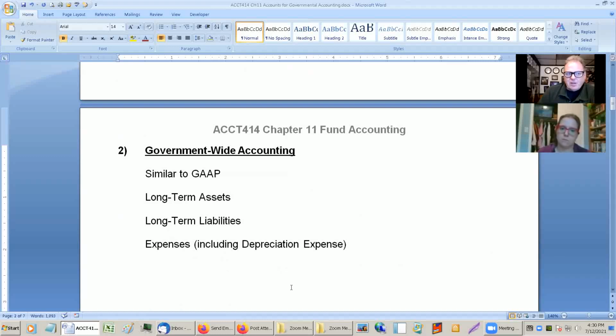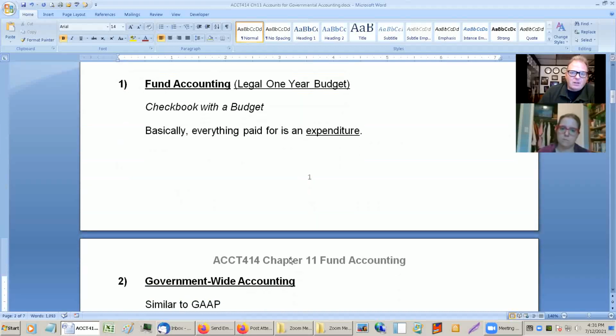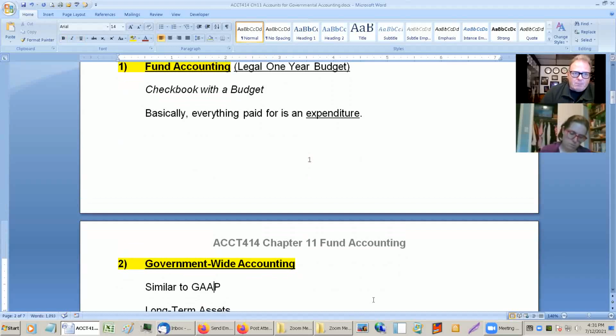So this government-wide accounting is sort of giving that same information. Now, here's a little wacky thing: most municipalities will do both. They're required to do both, so you'll actually keep two different sets of records. You buy paper clips, you record that in the fund accounting and in the government-wide accounting.